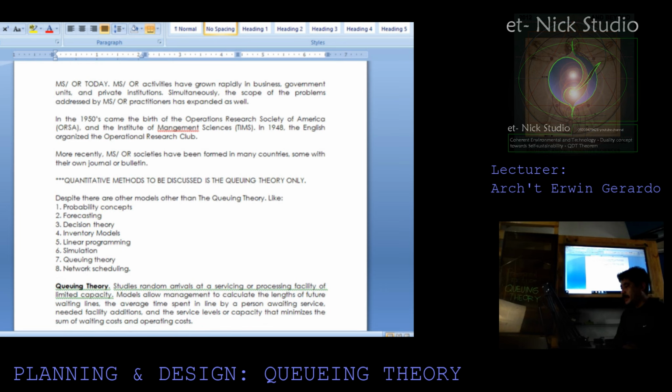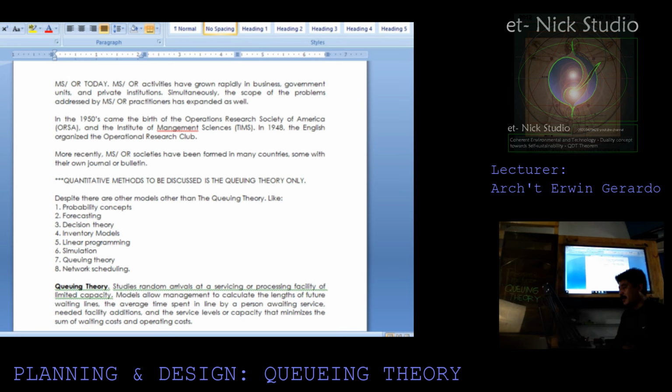MS or operational research activities today have grown rapidly in business, government units and private institutions. Simultaneously, the scope of the problems addressed by the MS or operational research practitioner has expanded as well.